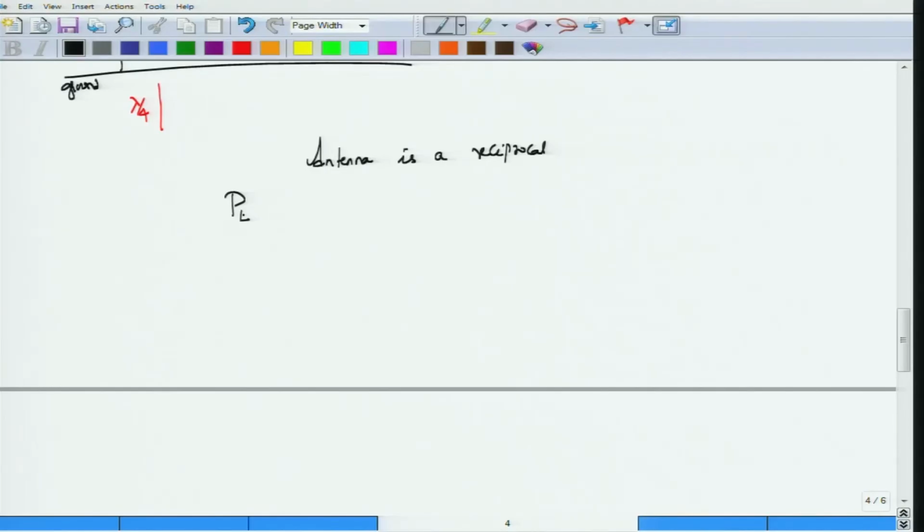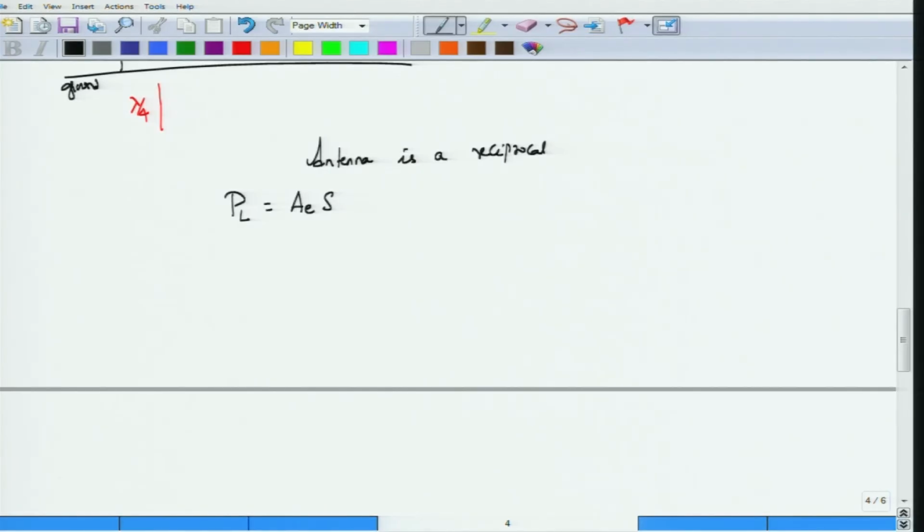This effective aperture area of an antenna is described by looking at the power that it is absorbing, assuming that the antenna is excited by a plane wave of power density S. Its capturing ability is then described by the effective area or aperture area AE.